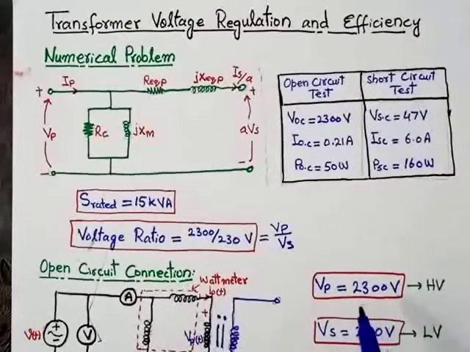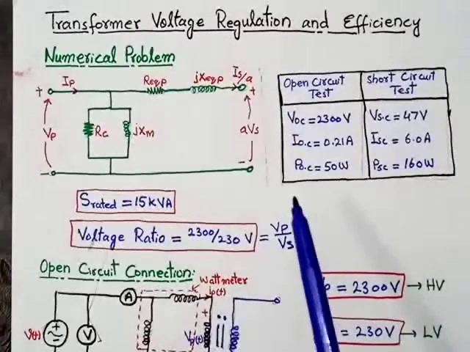It means the primary side of the given transformer is the high voltage side and the secondary side is the low voltage side, because the voltage across the primary circuit is 2300 volt and the secondary circuit is 230 volt. So this is the high voltage side and this is the low voltage side.